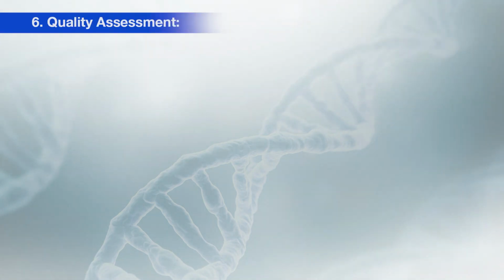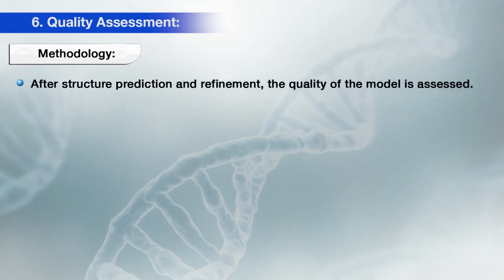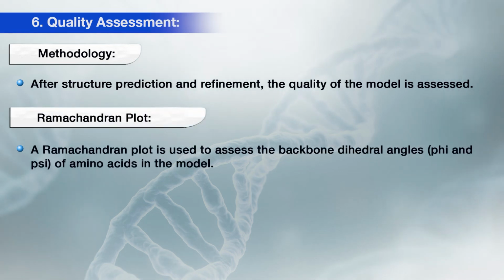In this, quality assessment is one parameter. For quality assessment, the methodology is that after structure prediction and refinement, the quality of the model is assessed. How is the quality of the model assessed? By the Ramachandran plot. A Ramachandran plot is used to assess the backbone dihedral angles.